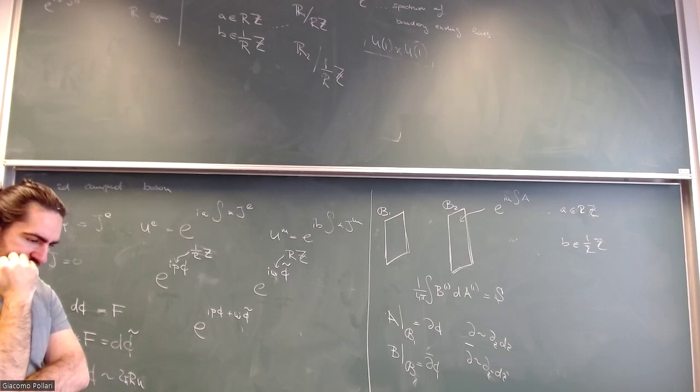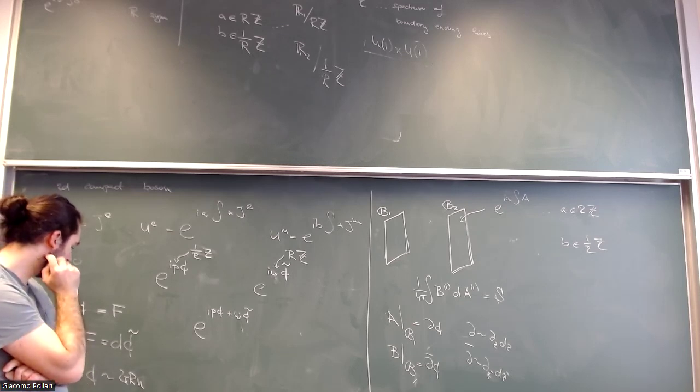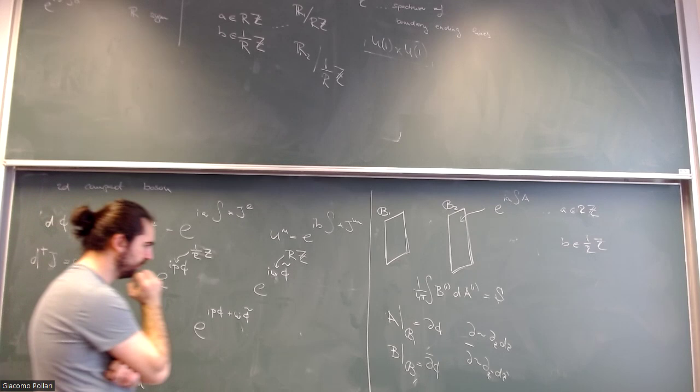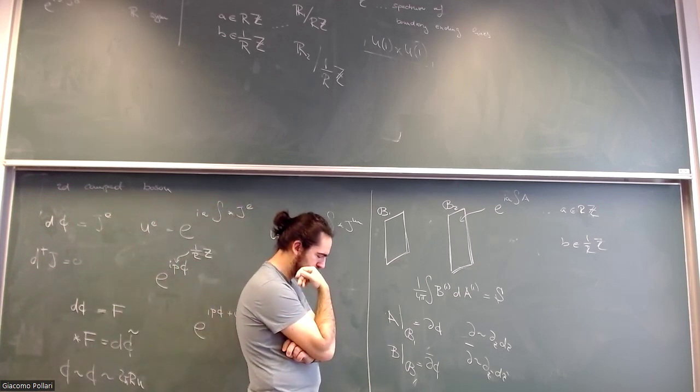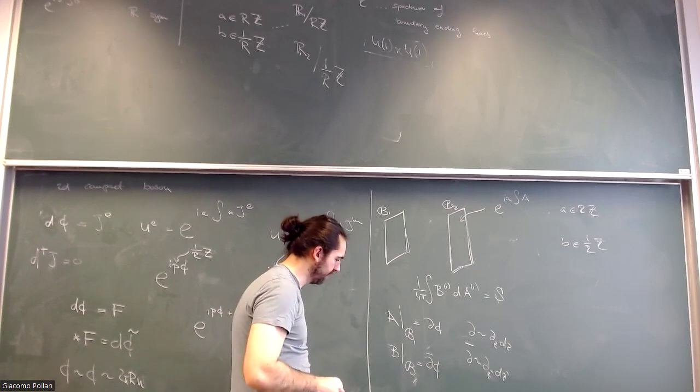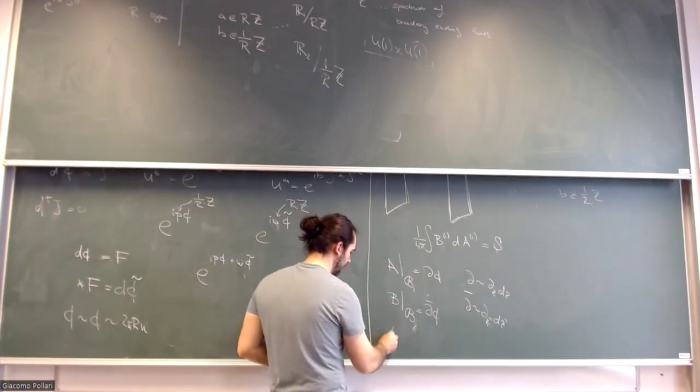B delta A, right. But I guess it has to do with the boundary of the thing which survives.